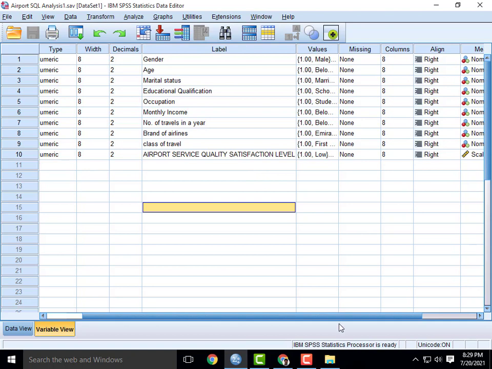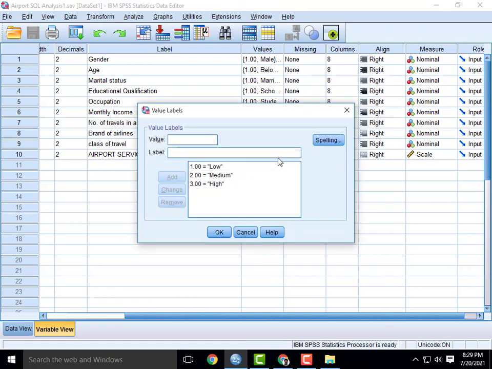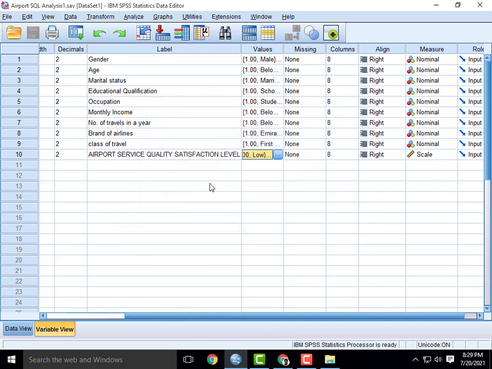Now we have a scale variable, airport service quality satisfaction level. It is classified into 3 categories: low, medium and high, and the nominal data like gender, marital status, education qualification, occupation and all.